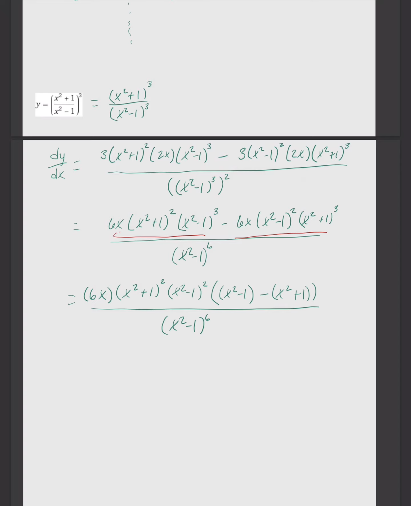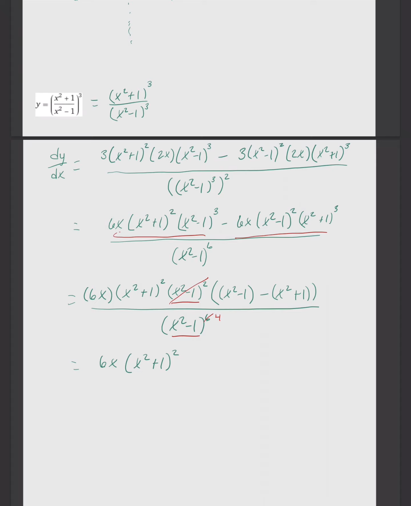Now we can see that this term is the same as this term, so we can cancel, and this will make this go to a 4th power since you subtract. And we'll still have, on the top, 6x times x squared plus 1 squared.